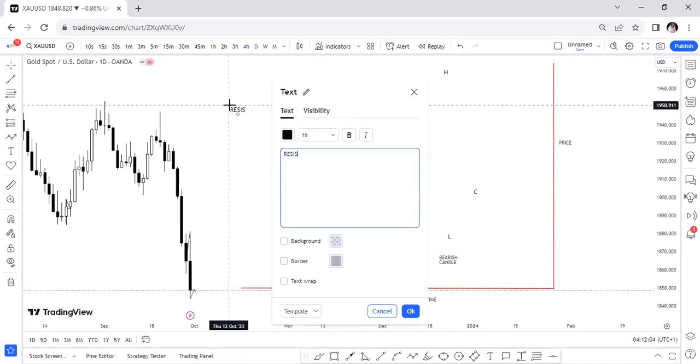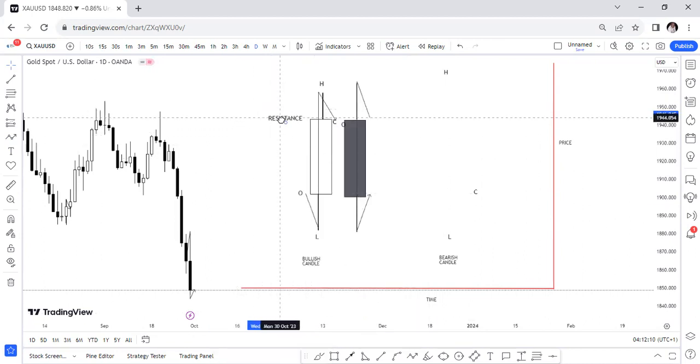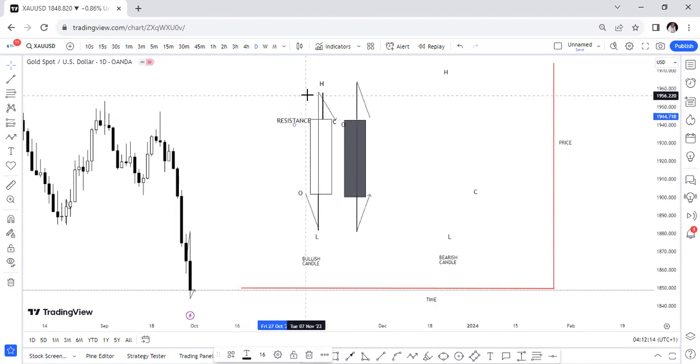The market has created resistance. As it closes higher, that means it could not move beyond this level. So the significance is in the close level here.